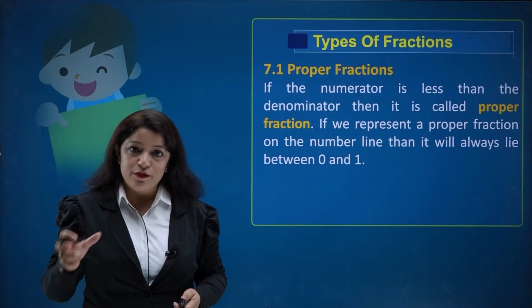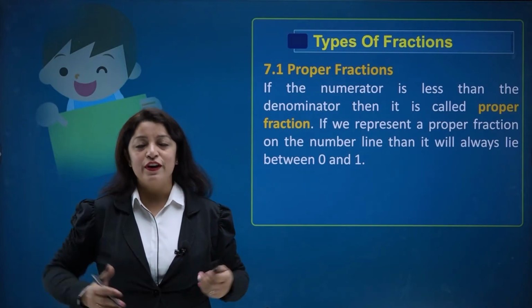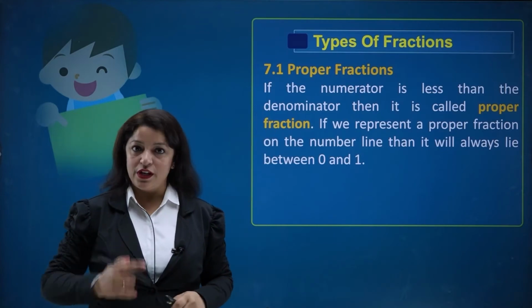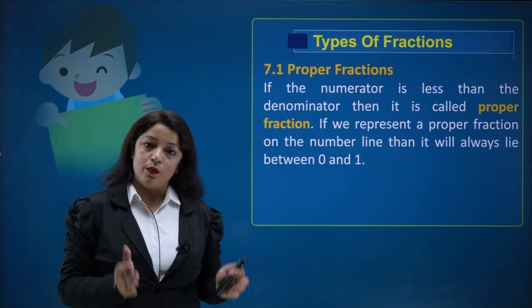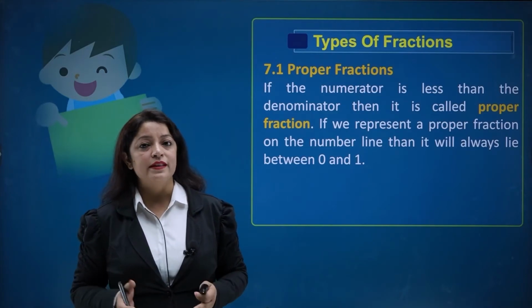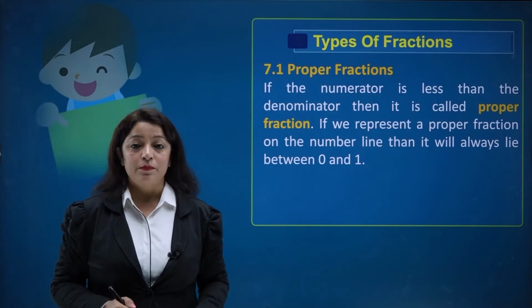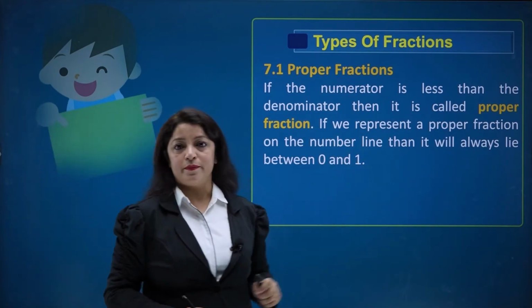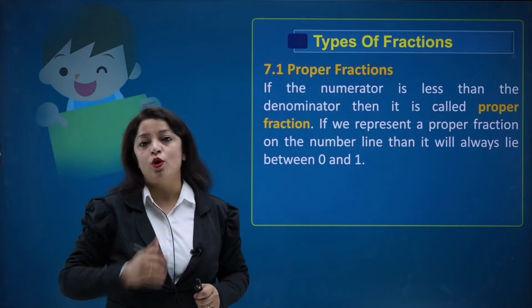But what are these different types of fractions classified into? So we classify them first as proper fractions, in which we cover those fractions whose numerator is smaller than the denominator. That means if a fraction lies between 0 and 1, it is always smaller than 1.